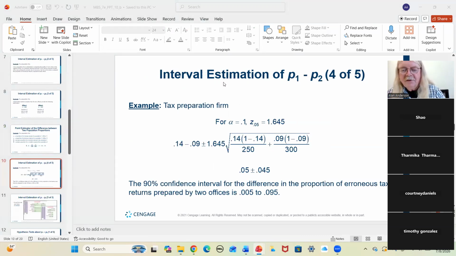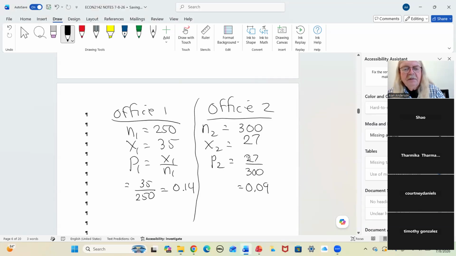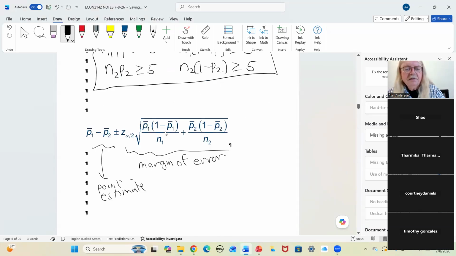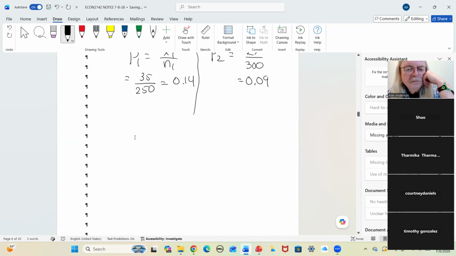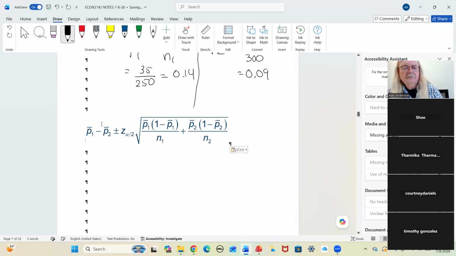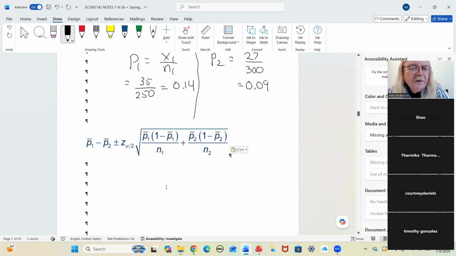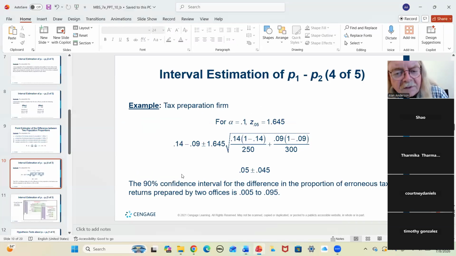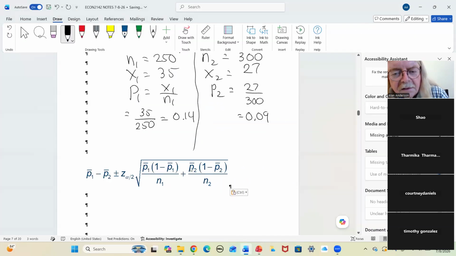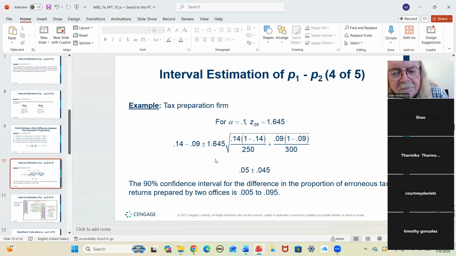But first, we're going to do the confidence interval. Let's get this formula back. And so I think we have, what is it, 5%? Yeah, right. Let me confirm that. It is 5%.